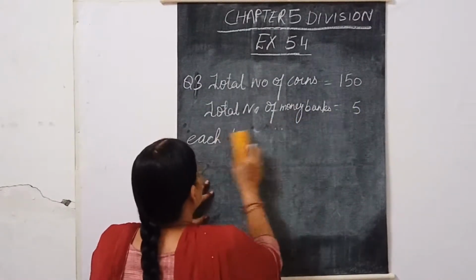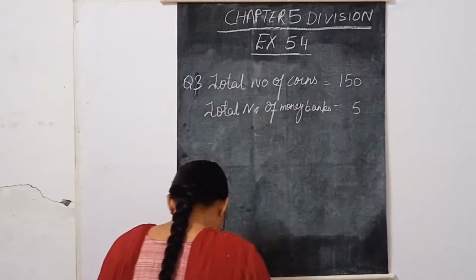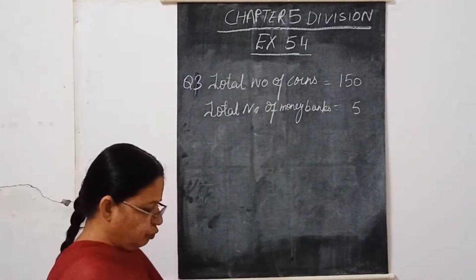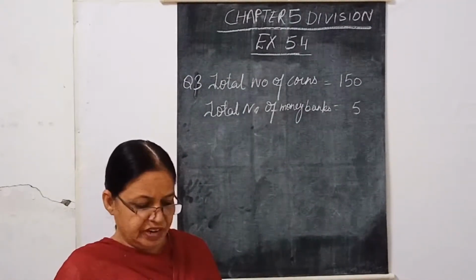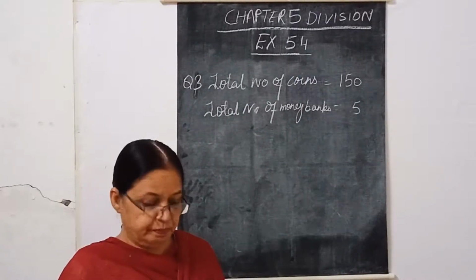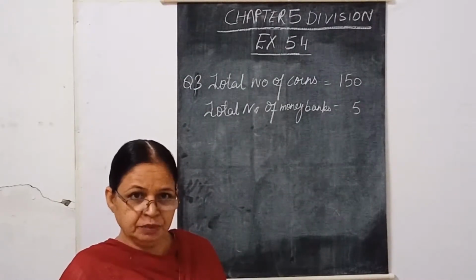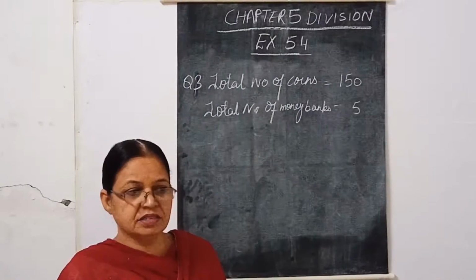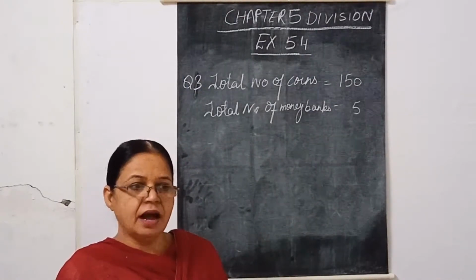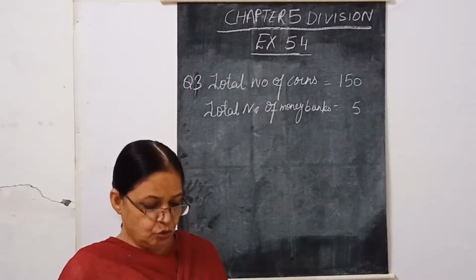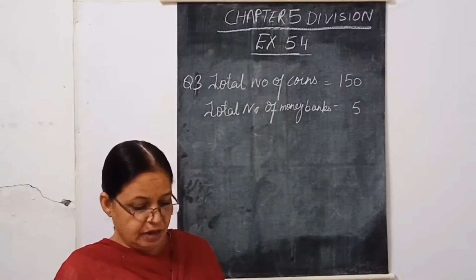So what is the question? You see what the question wants. How many coins will have to be put in each money bank? This is our question. And when you are writing the statement, don't write "how many" in the answer.